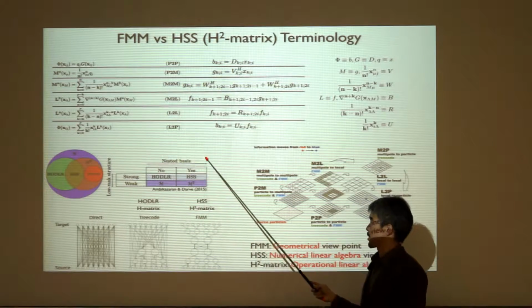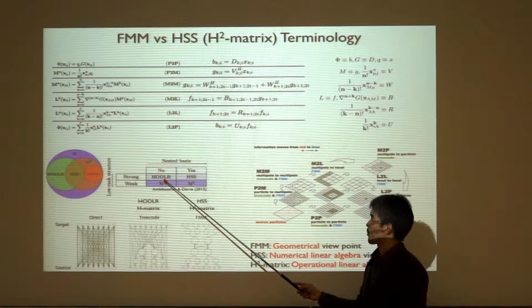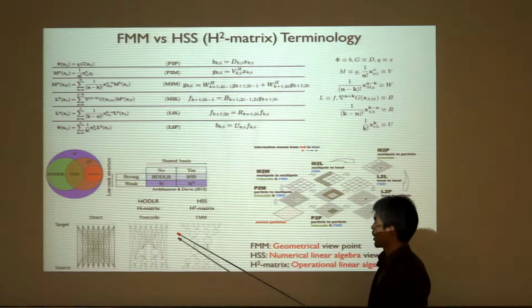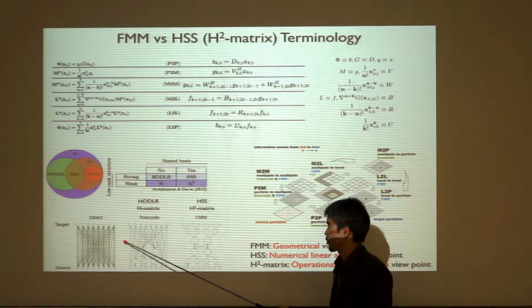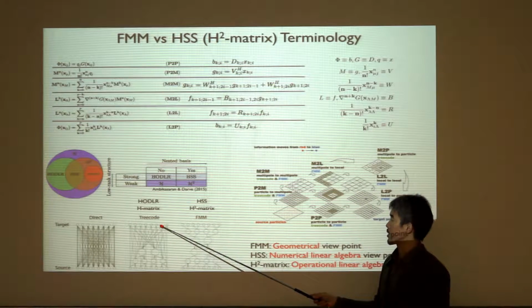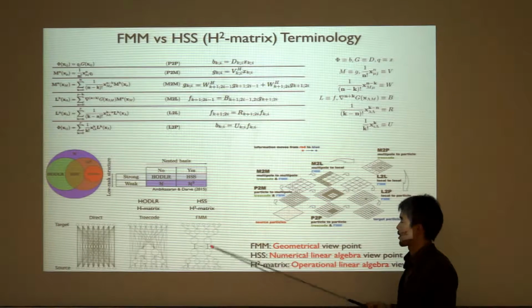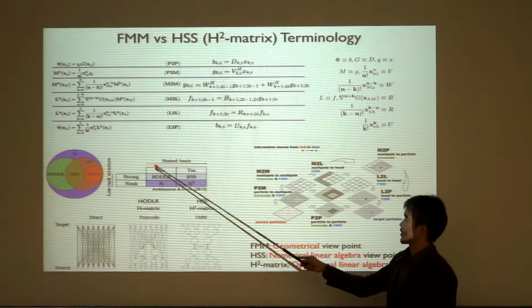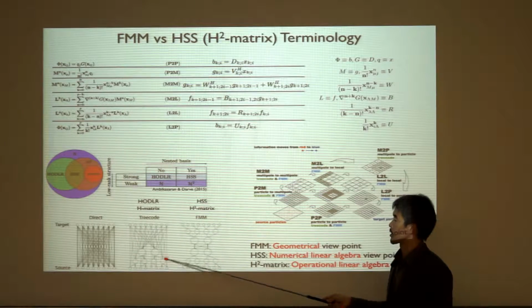The nested basis is something that differentiates between the tree code and FMM, for example. If you look at this picture, if you remember, this is a direct n-body. Nested basis means this one. Non-nested basis is this picture.